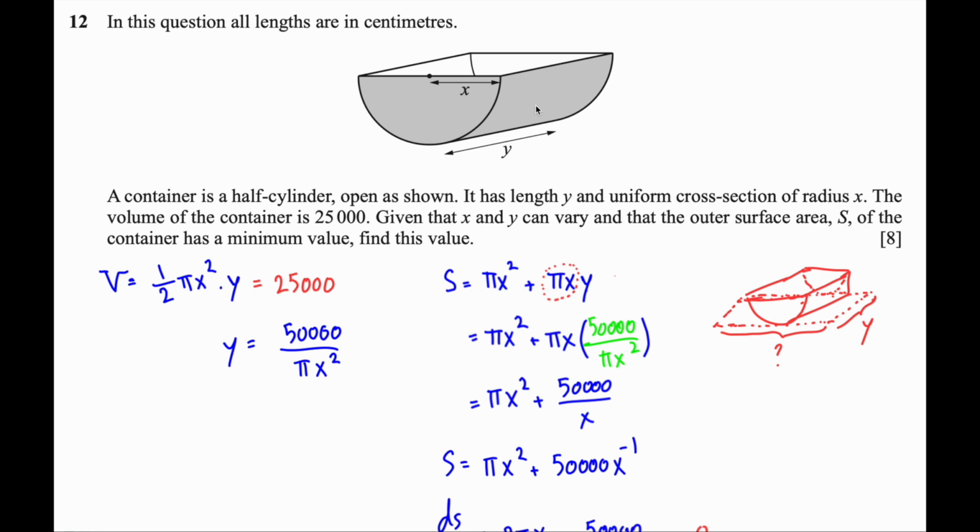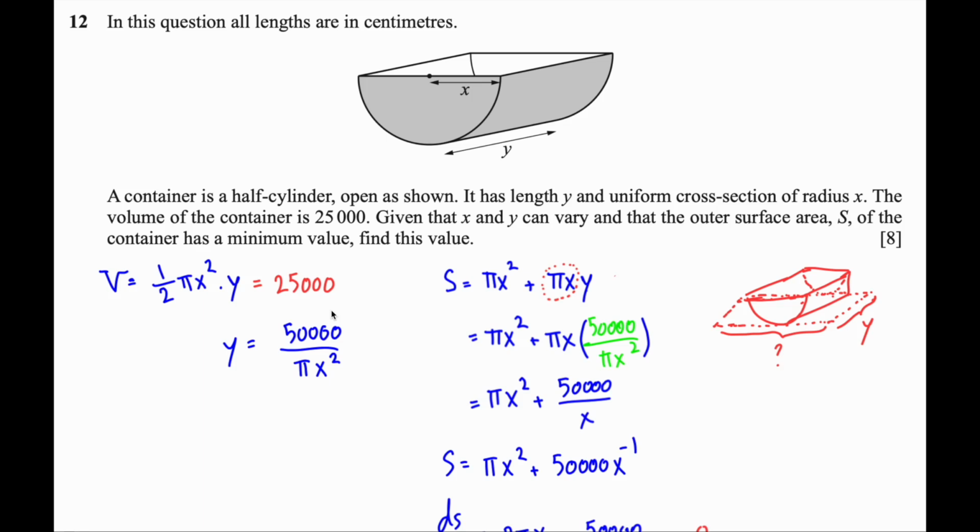Question number 12, last question, which carries 8 marks. This is an interesting question. We have a container, a half cylinder container, and there is no lid. It's an open container. The length of it is y, the radius is x.